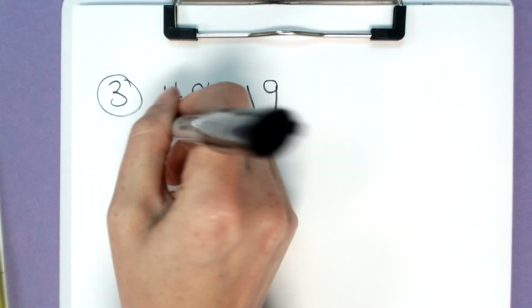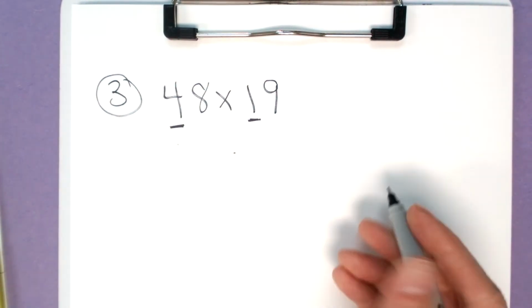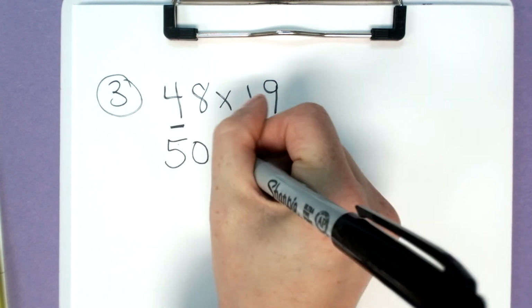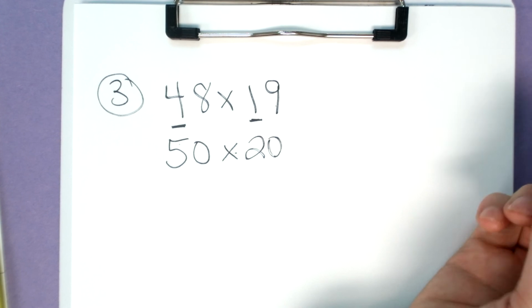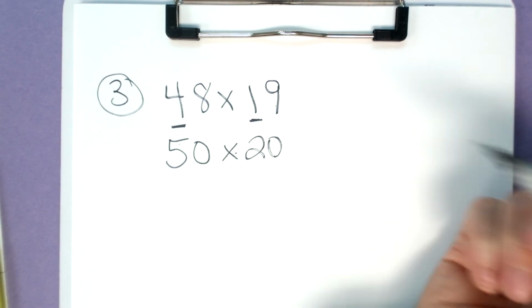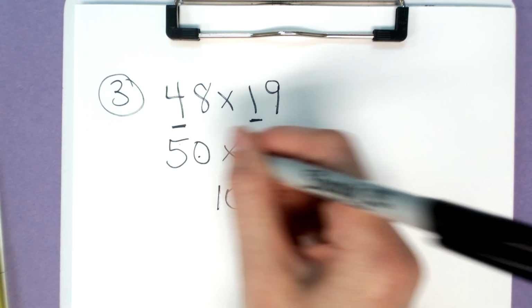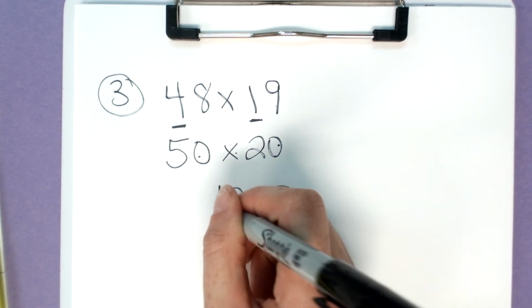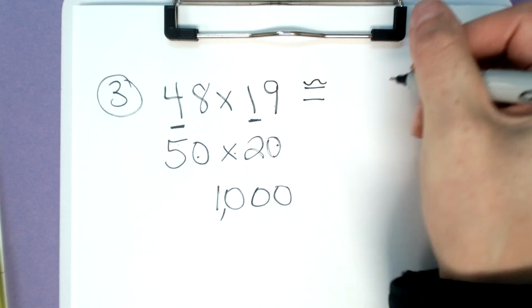Remember, I was going to go with that biggest number. So our 8 is going to tell our 4 to go up to 50. And our 9 is going to tell our 1 to go up to 20. And what's 5 times 2? Well, 5 times 2 is 10. And then we've got 2 zeros left over. So 48 times 19 is about 1,000.